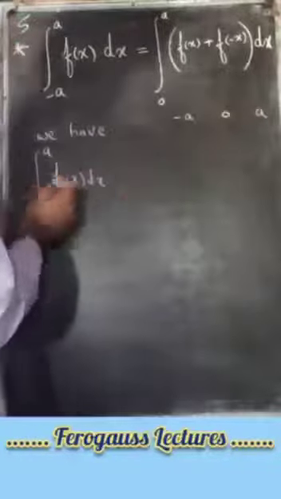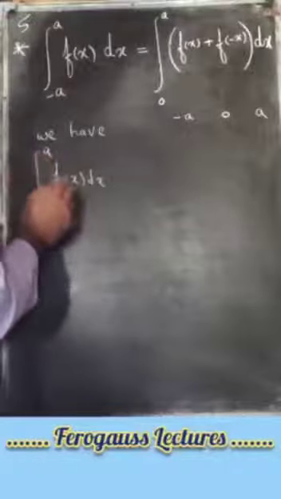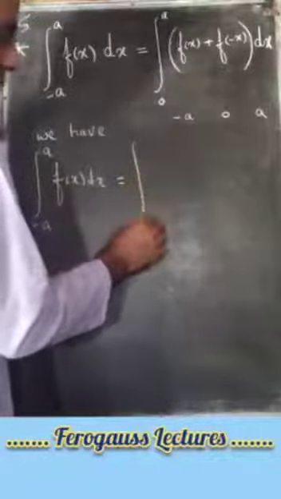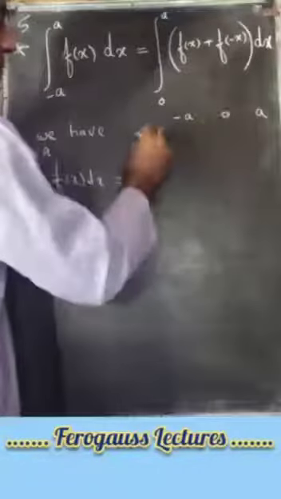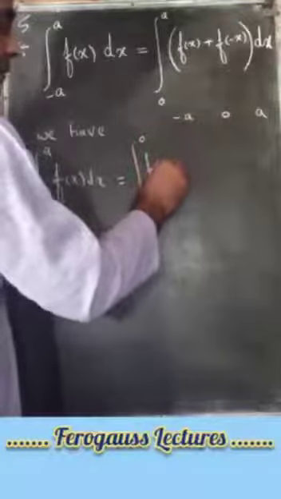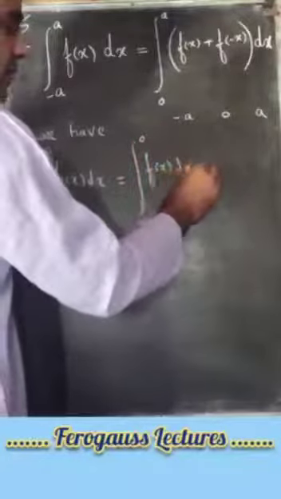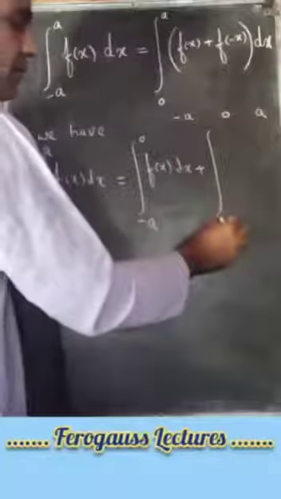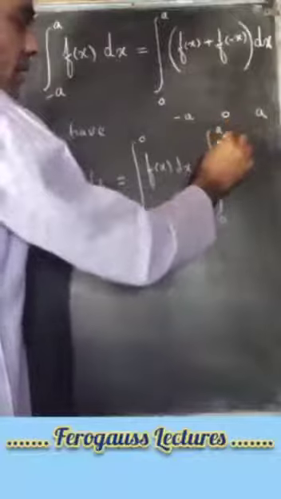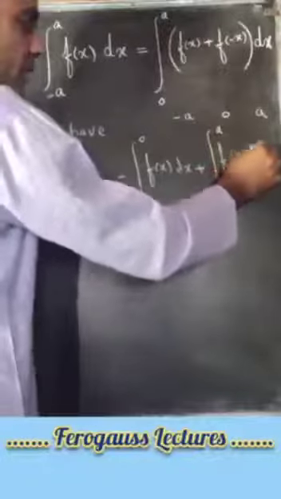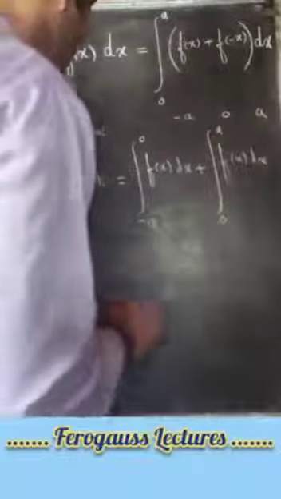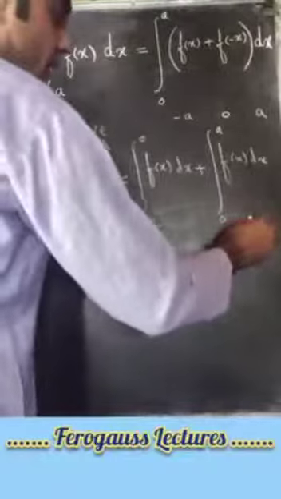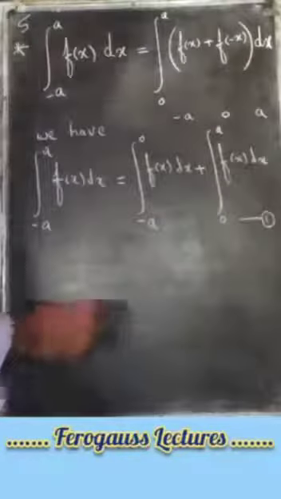So we can break this integral minus a to a f(x) dx as integral minus a to 0 f(x) dx plus integral 0 to a f(x) dx by property number 3 of definite integrals. Now we name this as equation first.